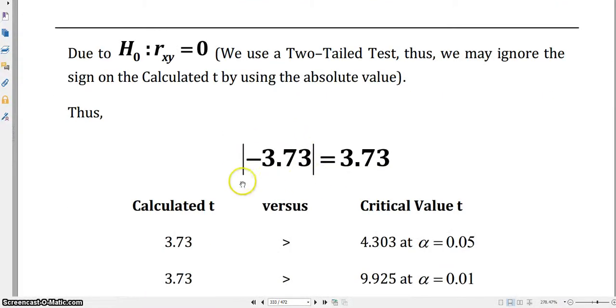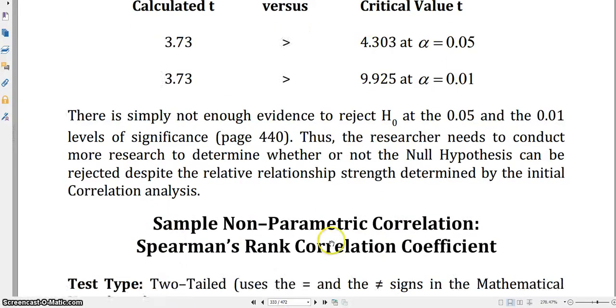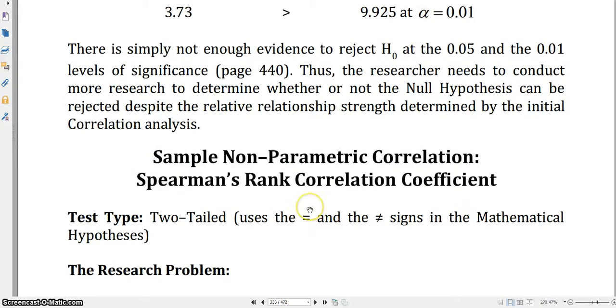Therefore, you take the absolute value of that and compare it to the critical values. There's not enough evidence there to reject the hypothesis, because 3.73 is not greater than the critical values at either the 0.1 or 1 out of 100 chance, or 20 chance of making that type 1 error. However, the research was looking at the strength of the relationship, but there's not enough data. You have to have more data for a two-tailed test.